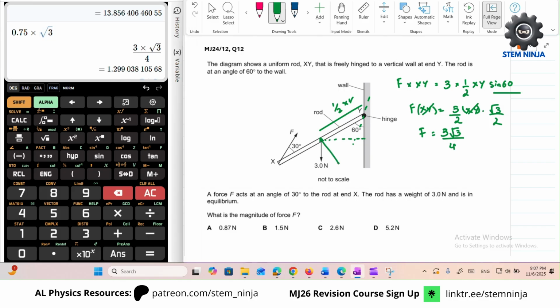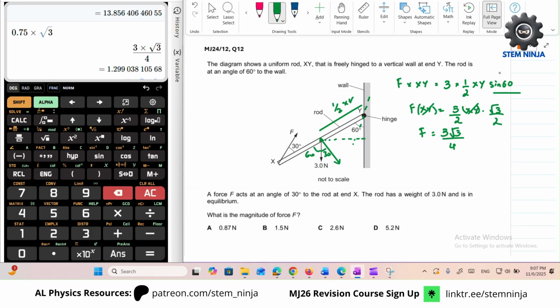Okay, so if we do the perpendicular this way, this is going to be 60, this is going to be 30, so it's 3 cos of 30.